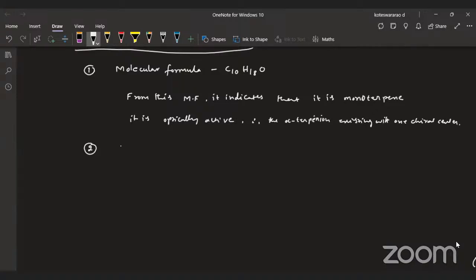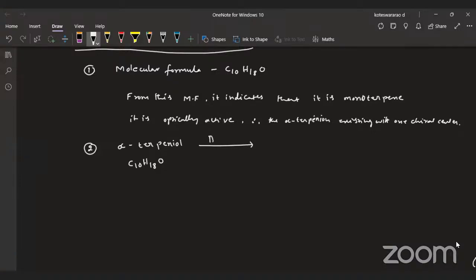Next, alpha terpinol, with the molecular formula C10H18O, is reacting with acetic anhydride.